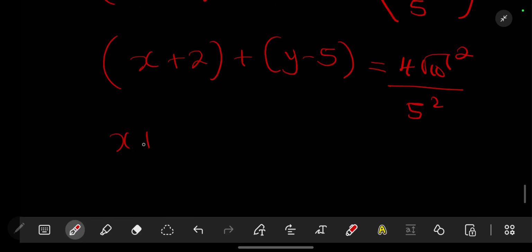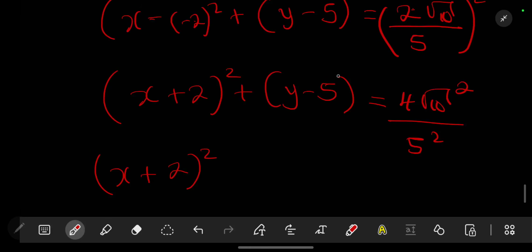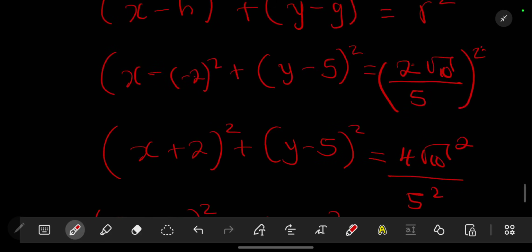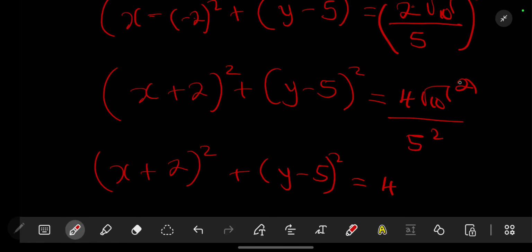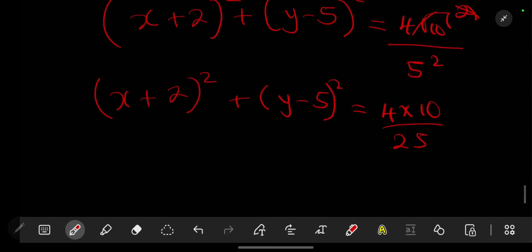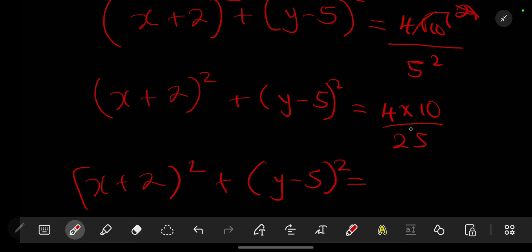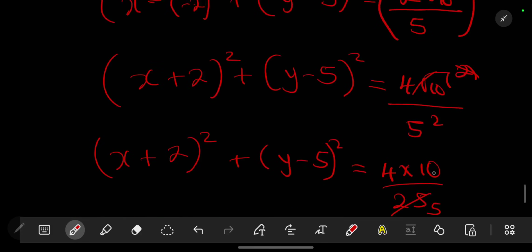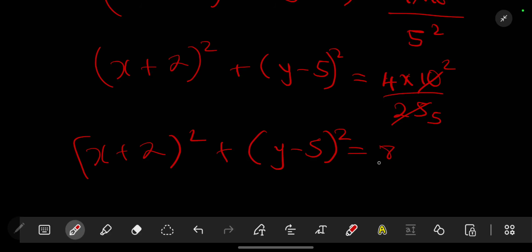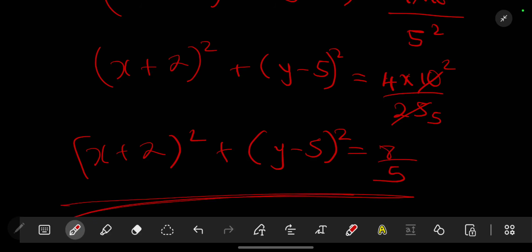So we have x plus 2 squared plus our y minus 5 squared should be equal to 4, roots and the square will cancel, so we have 10 over 5 by 5 is 25, like that. 4 times 10 is 40, in fact we can reduce here, 5 can enter into 25 5 times, 5 can enter into 10 2 times. 4 times 2 is 8 over our 5. So this is the equation of the circle.